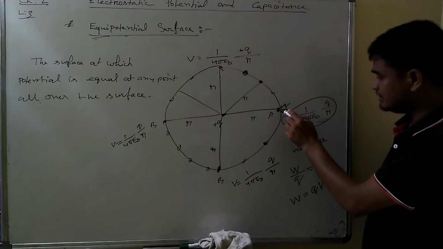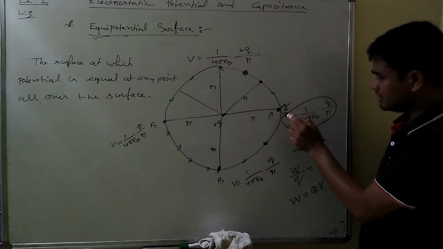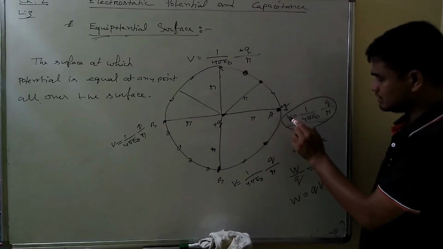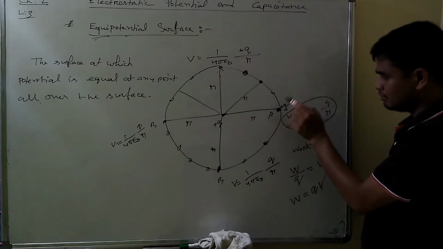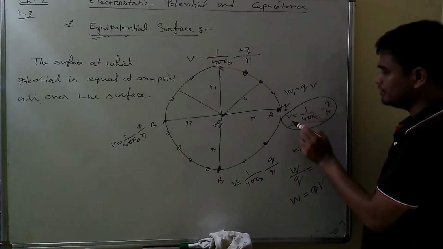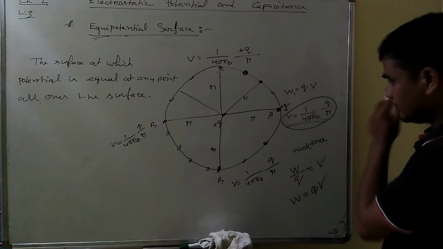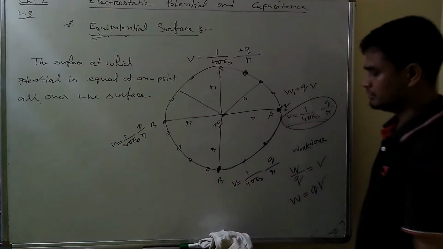How much potential is there? Let us consider the potential here. Work done here is how much? Q into V. Now we bring the charge to this point.